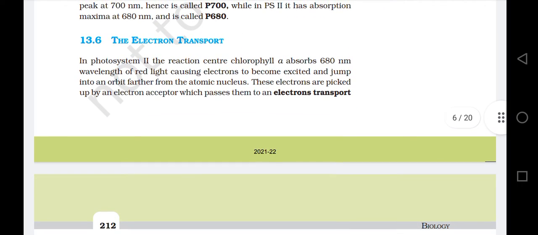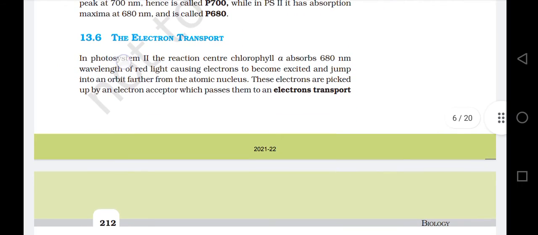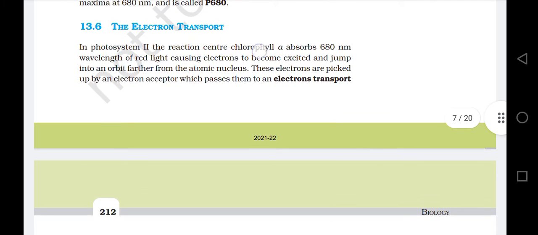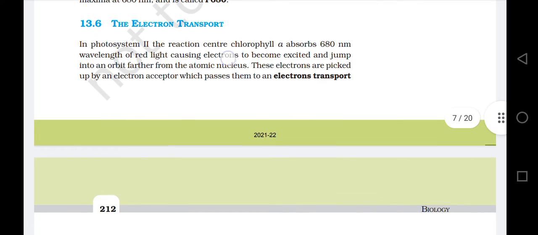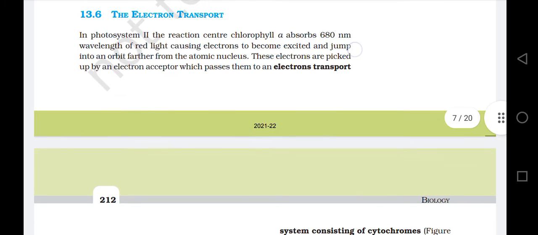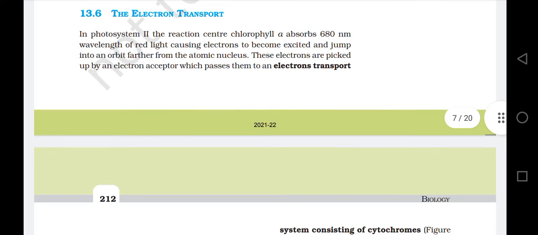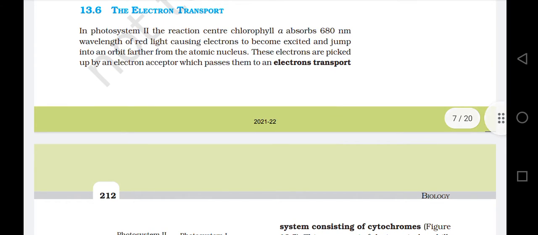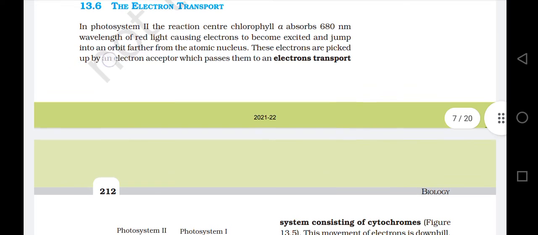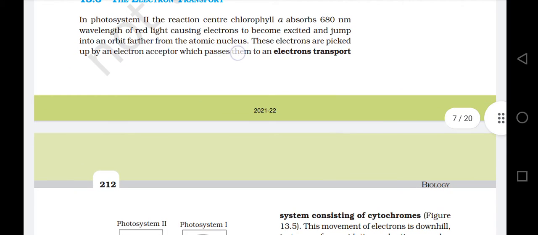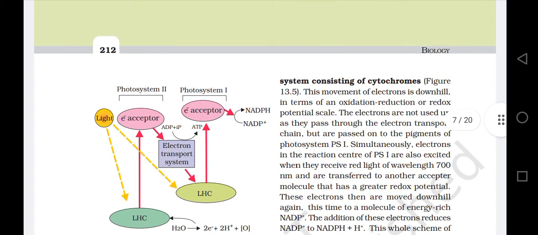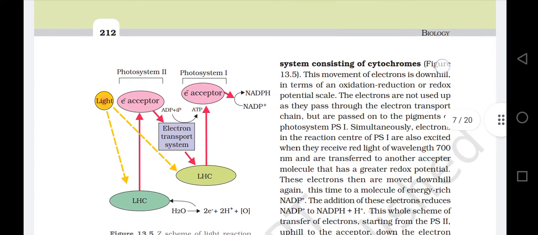13.6. The electron transport. In photosystem 2, the reaction center chlorophyll A absorbs 680 nanometer wavelength of red light, causing electrons to become excited and jump into an orbit farther from the atomic nucleus. These electrons are picked up by an electron acceptor, which passes them to an electron transport system consisting of cytochromes.